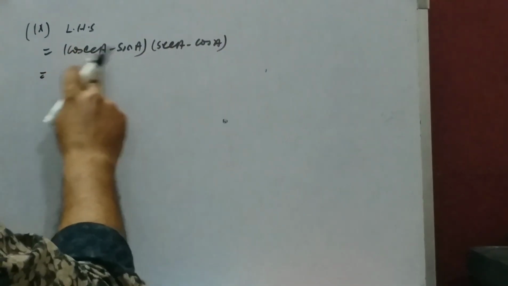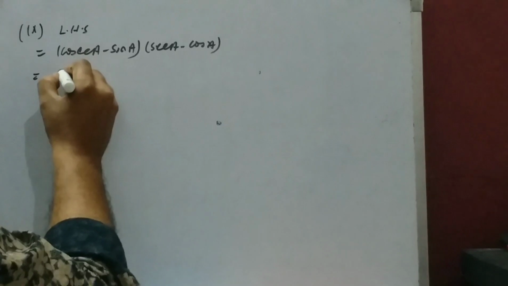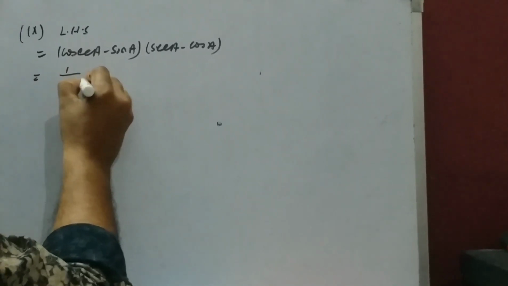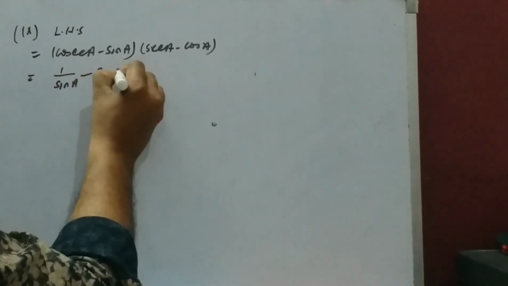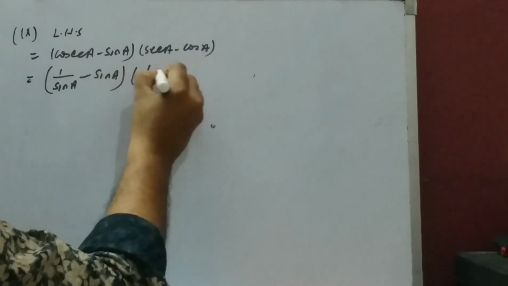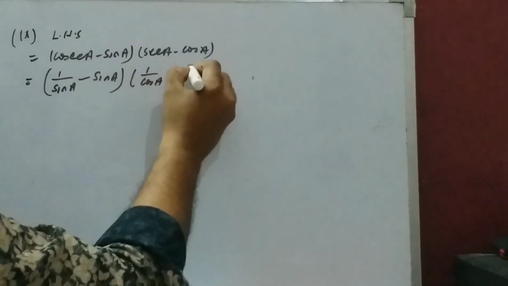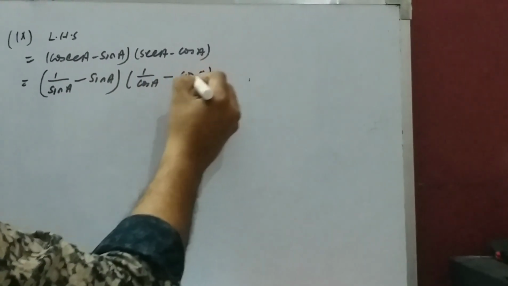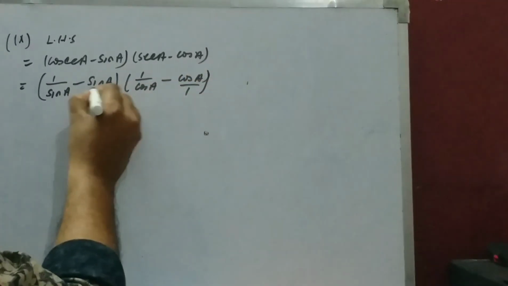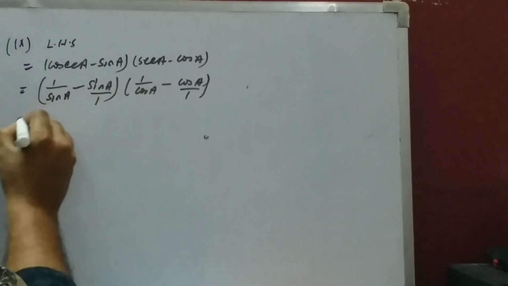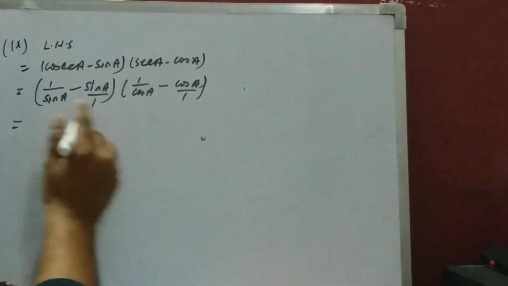Now convert this into sin cos form: (1 by sin A minus sin A) and (1 by cos A minus cos A). Take the LCM inside both the brackets.